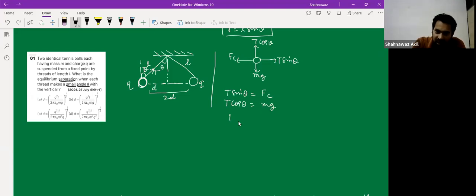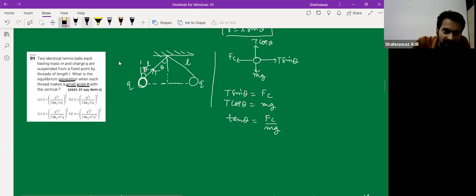Again, tan theta would be Fc by mg, and we have to calculate the separation. Let's say this is d, so this would be d by 2 on each side. Right, so we have to calculate d.